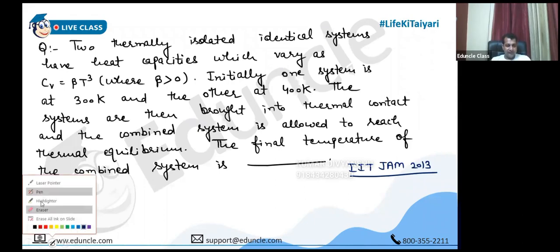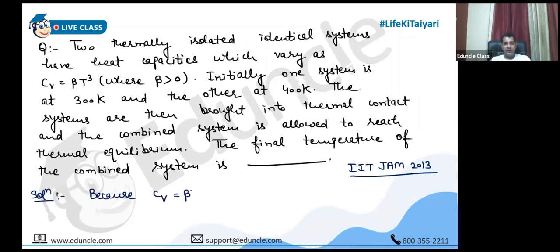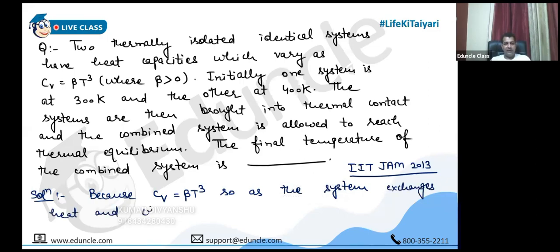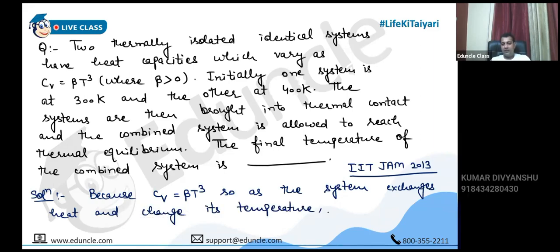Let me write this over here. Because CV is equal to beta T Q. So as the system exchanges heat and changes its temperature, its heat capacity also changes with temperature.